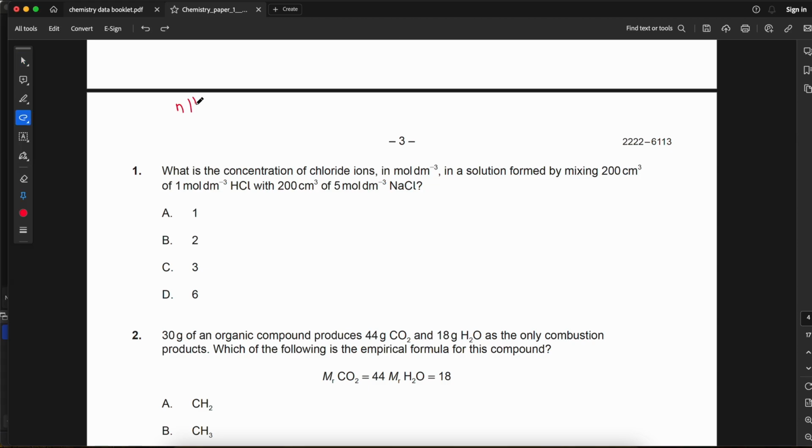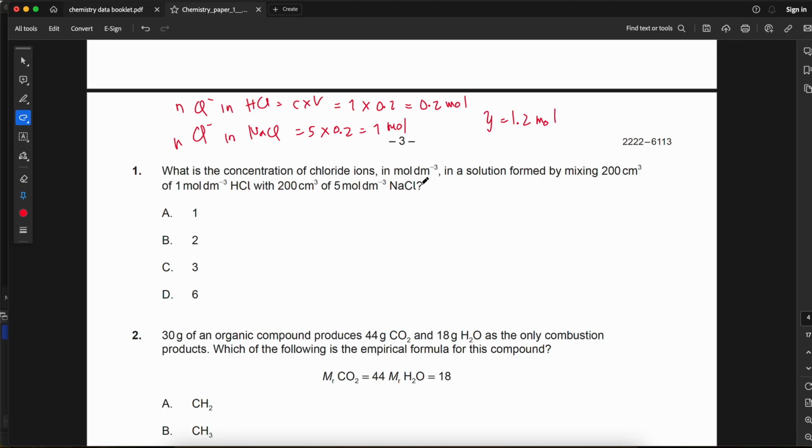For Cl- in HCl, it's C times V, which is 1 times 0.2, so 0.2 mole. 0.2 comes from 200 cm^3, and 1 comes from 1 molar HCl. But for Cl- in NaCl, that would be 5 times 0.2, so it's 1 mole. So the total moles is 1.2.